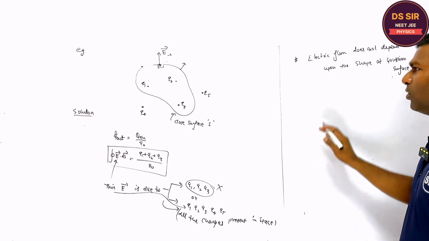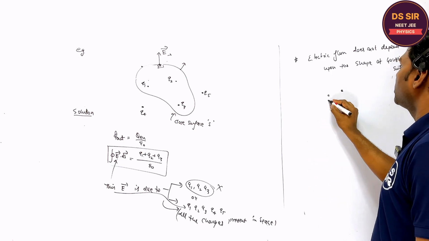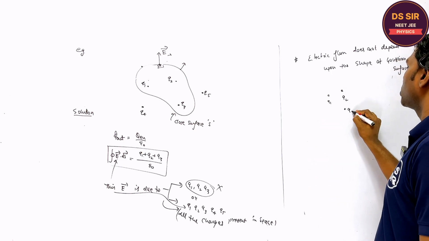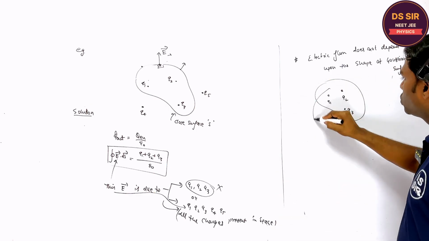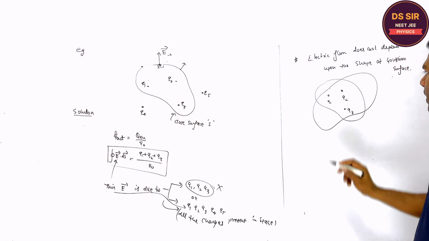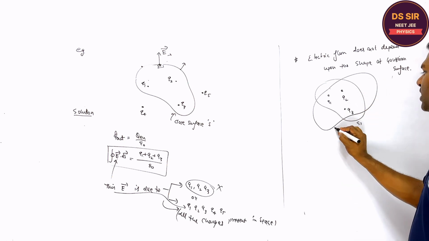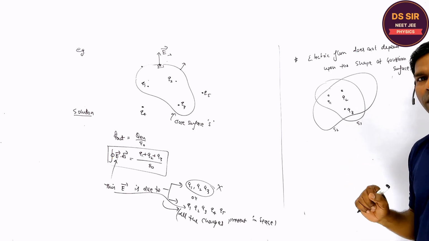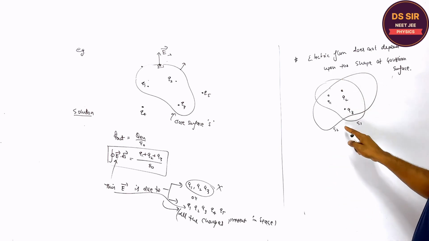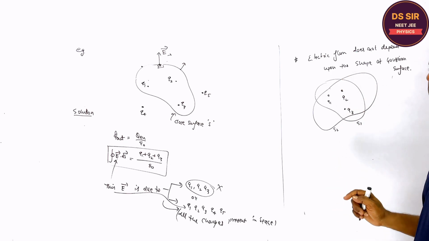Is it clear or not? For example, if these are Q1, Q2 and Q3, whether you choose this Gaussian surface or that Gaussian surface, the shapes of Gaussian surfaces S1 and S2 are different, but the charge enclosed is Q1, Q2, Q3, and therefore the net flux linked with S1 and S2 is the same.